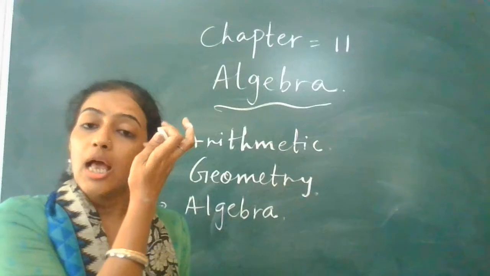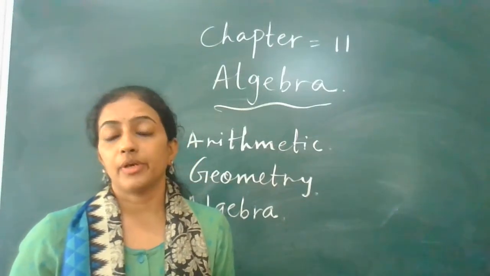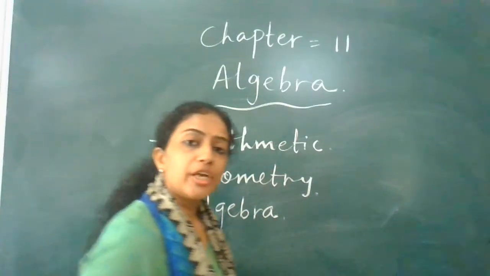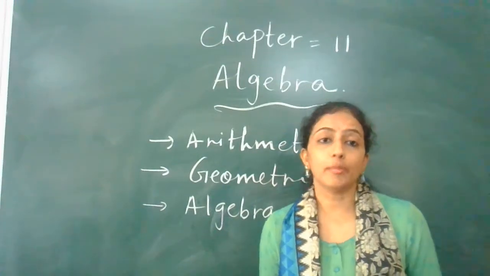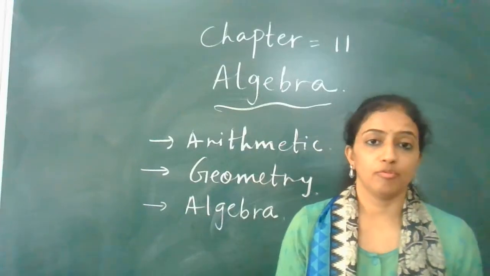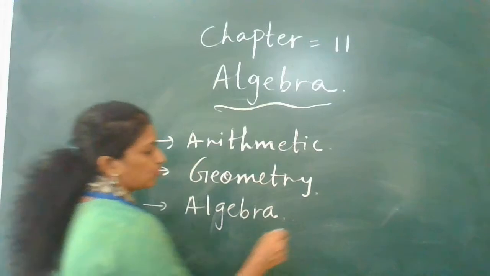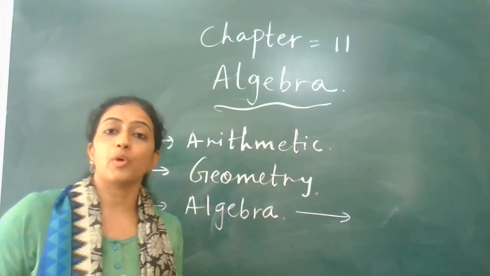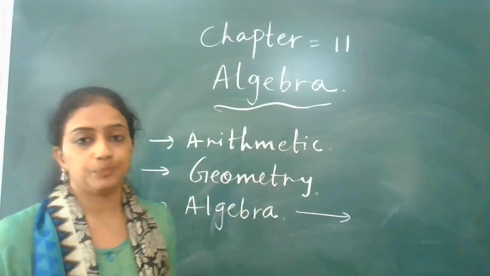How is it useful? Suppose I want to explain a property, that is, suppose the commutative property. Now what is the commutative property? The commutative property says that if you add or multiply numbers in any order, it will give you the same value. Now how is algebra useful to explain the general rule or property without putting in a number?